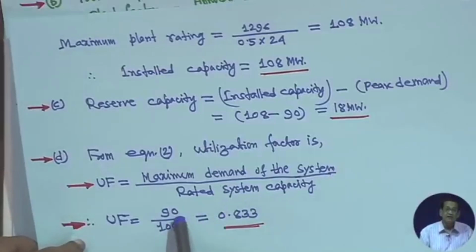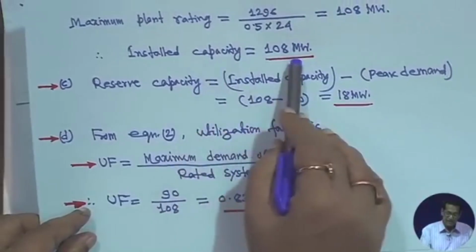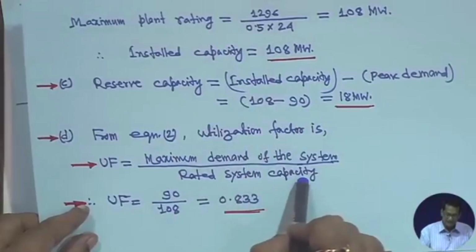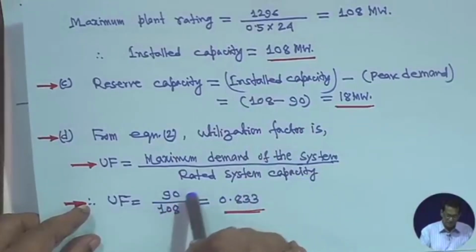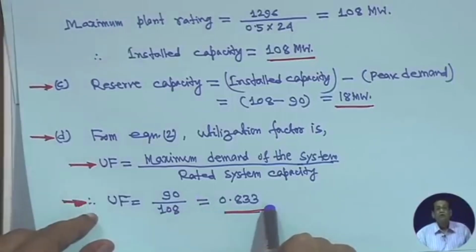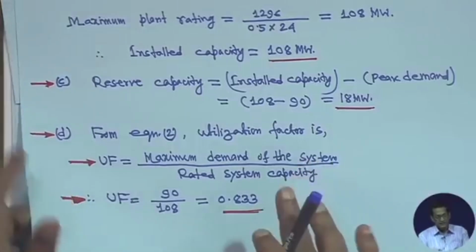Maximum demand is 90 megawatt, and the rated system capacity is the installed capacity, that is the same thing, 108 megawatt. So utilization factor is 90 divided by 108, that is equal to 0.833, right.